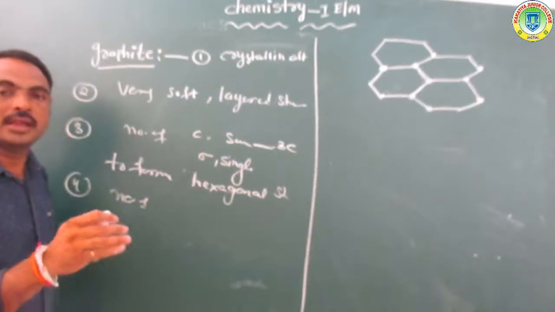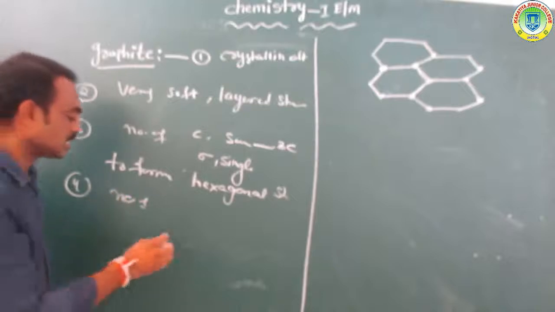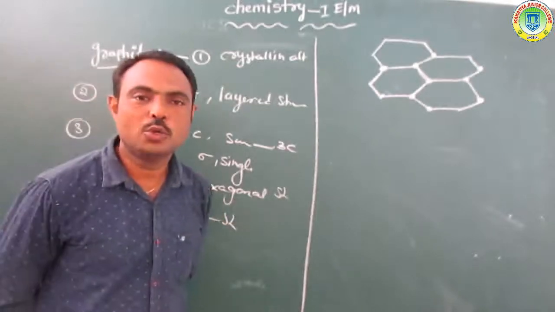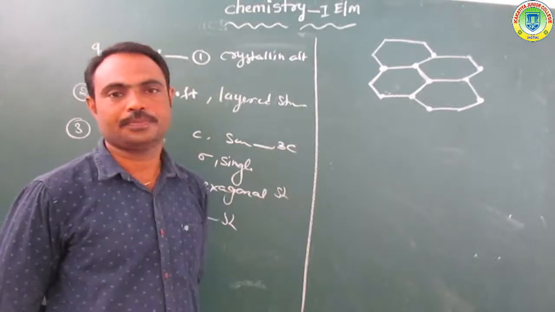That's why the complete graphite structure is also called a 2D structure. 2D means two-dimensional structure.